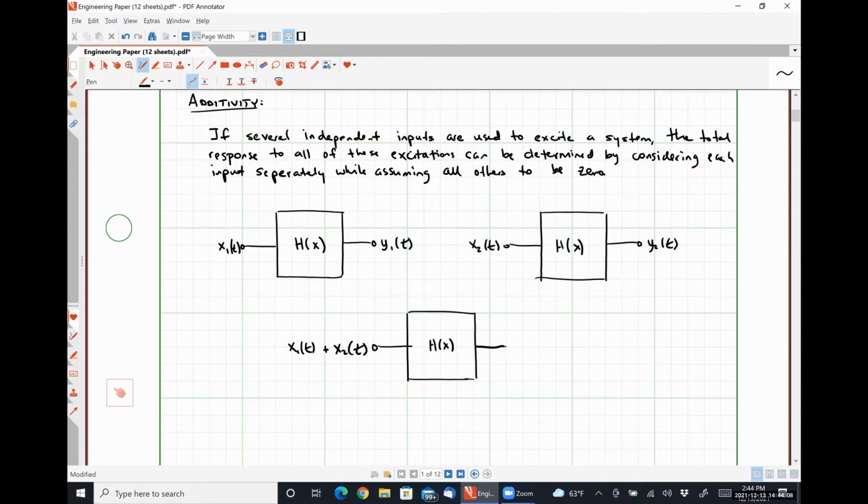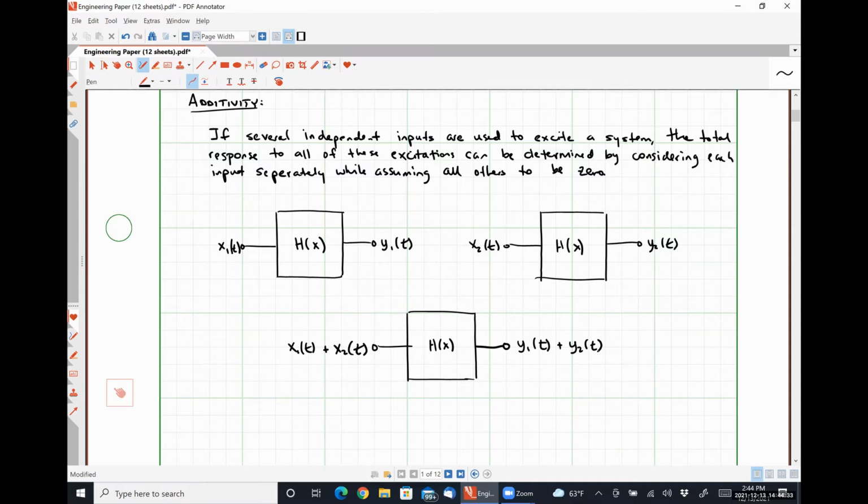If it's obeying the principle of additivity, our output should just be the sum of y1 and y2, which are just the outputs due to the input signals acting alone. Okay.